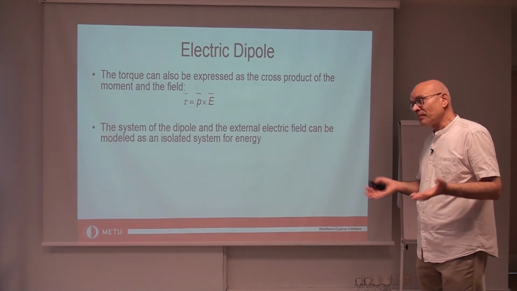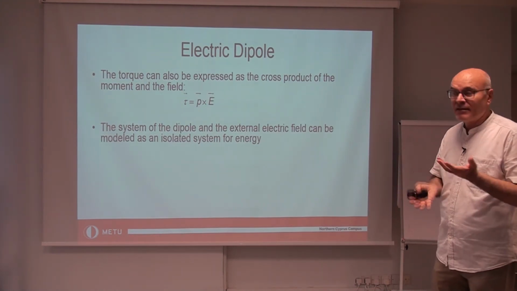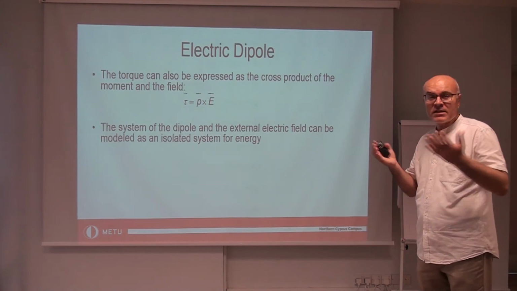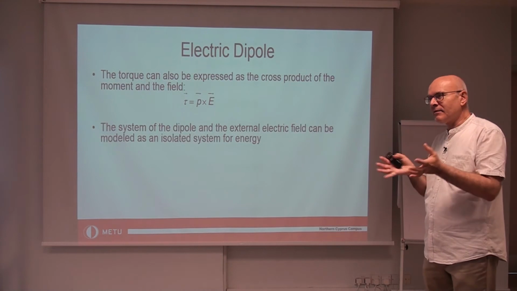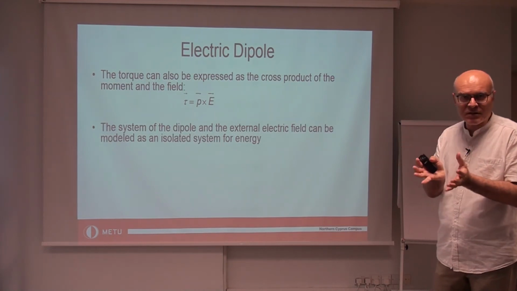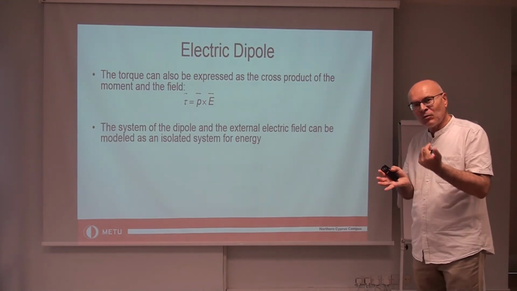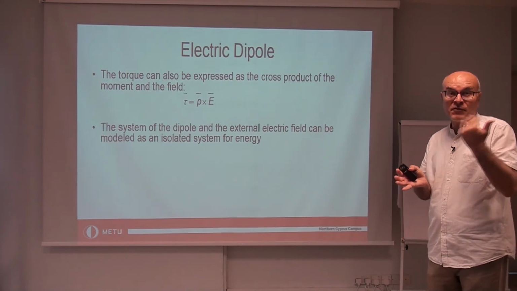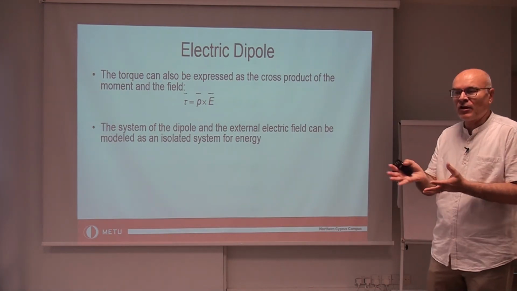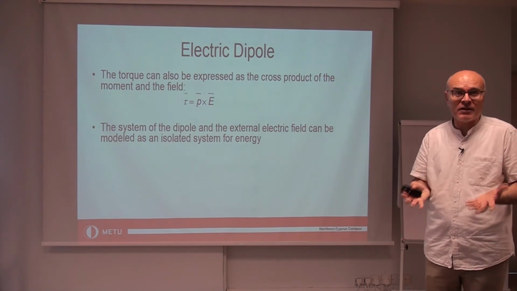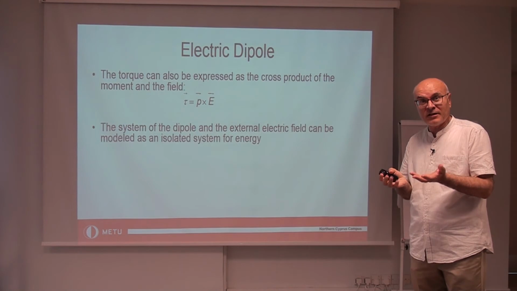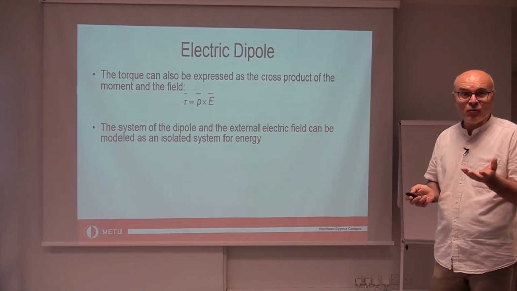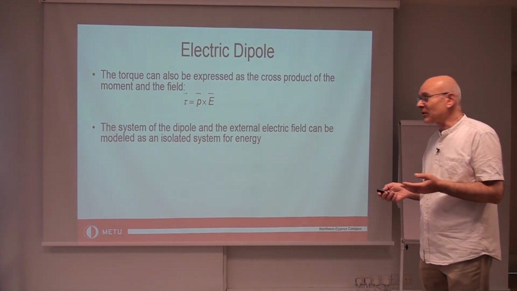So when it is isolated and there is no external force, the total energy of that system is constant. But what energy? We have seen before that when you have an electric field and charges, you have an electric potential energy. So here I expect this system to have a potential energy. Let's try to see what type of potential energy this is.